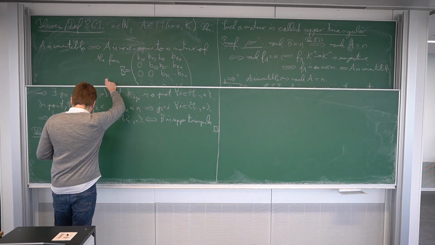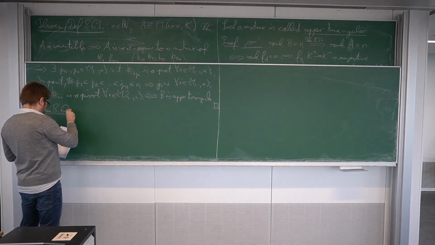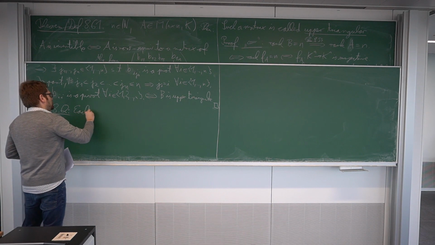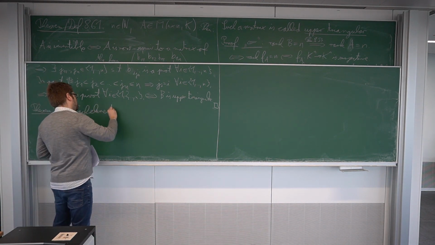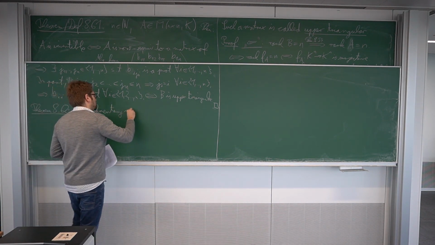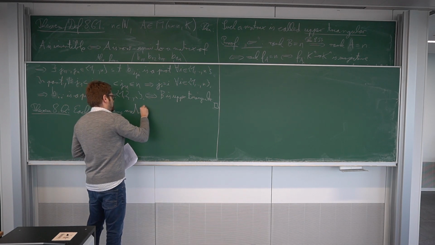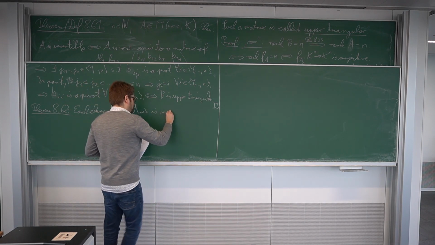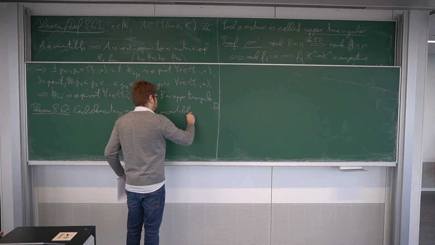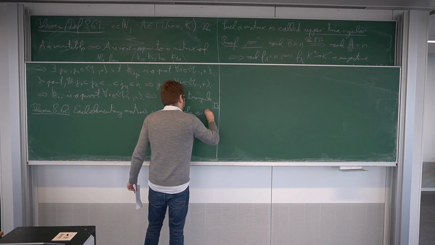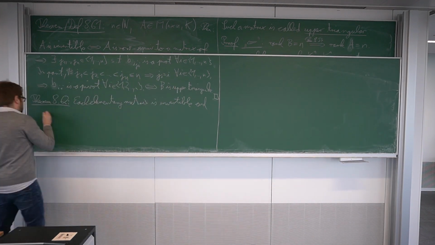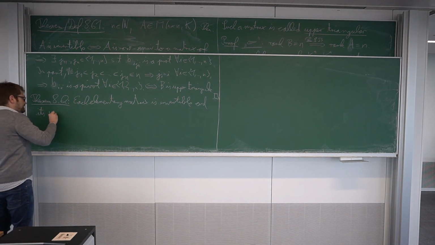So, first of all, each elementary matrix is invertible, and its inverse is again an elementary matrix.